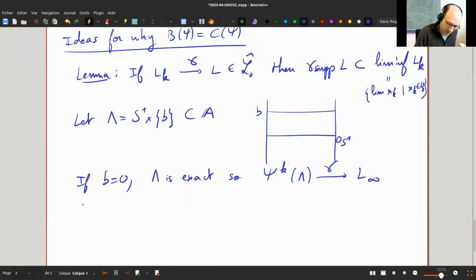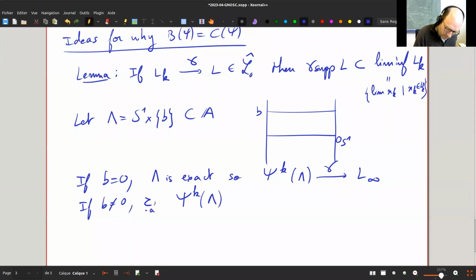And now if B is not 0, then it's not exact, but I can still consider psi k of lambda. It's not exact, but I can sort of make it exact by some translation. So I do some translation, and I have to translate by minus a to the k b.